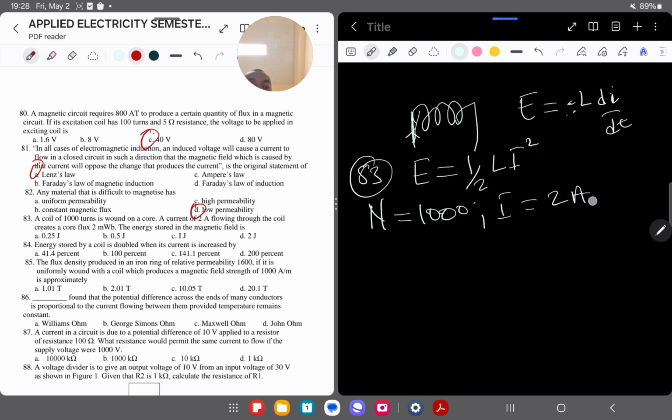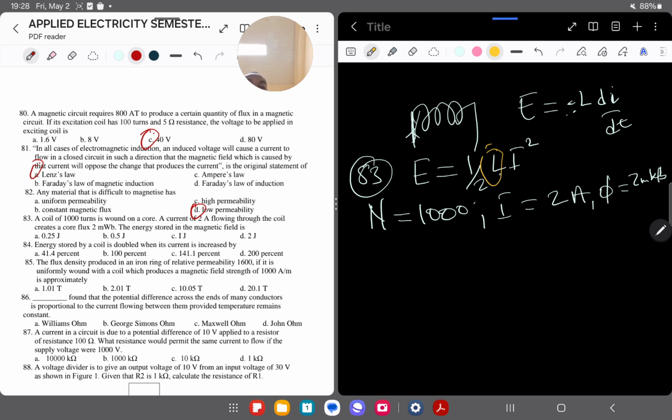And then the flux is 2 milliwebers. Okay. So you can see that we are not given inductance. But if you look at our formula, we have inductance here. So we have to find a way to calculate inductance and then replace it in the formula.